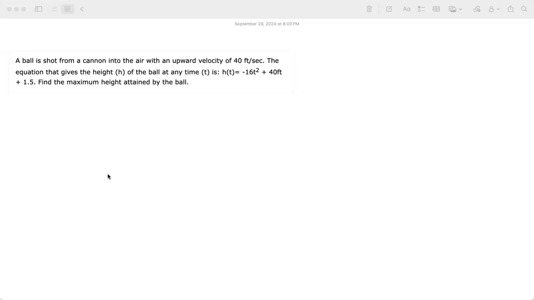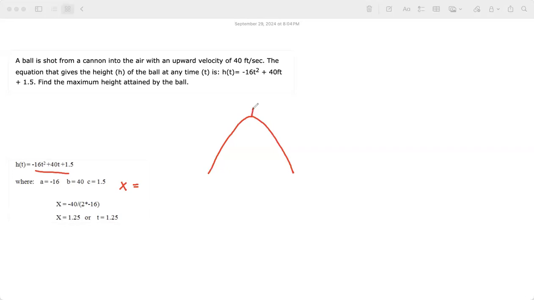Let me work it out again. Basically, I will show you. Here h of t, meaning height as a function of t, will be this equation, where a is equal to -16. It's the vertex that we want, right? How do we write the x coordinate of the vertex? It is -b by 2a, so minus 40 by 2 times minus 16.